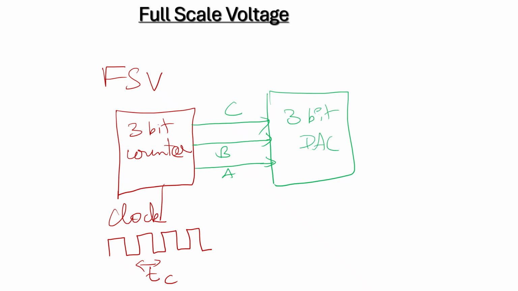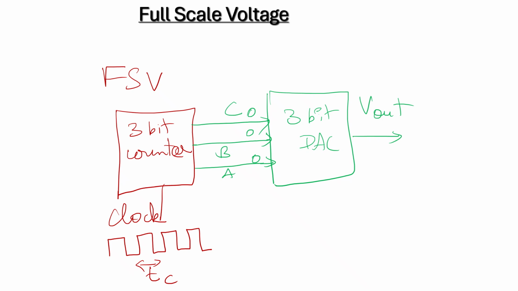So a counter circuit is a digital circuit which will give a 3-bit output, for example 001, and the output of this is obtained like this, V out. The full scale output is 7 volts.